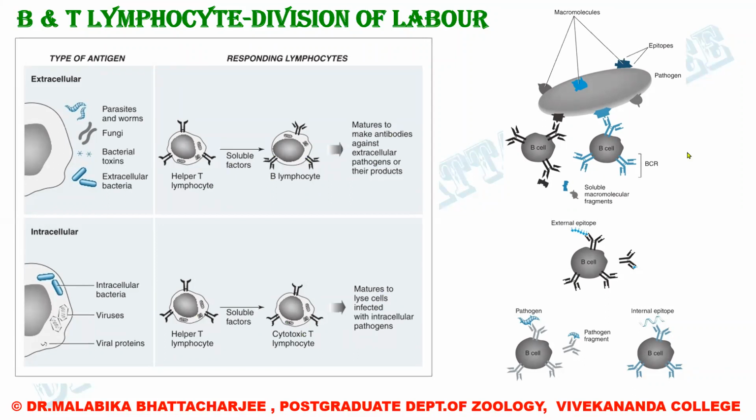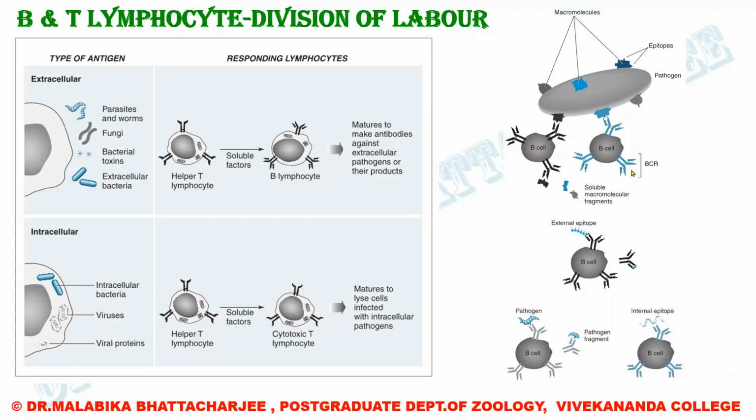Now this picture is showing the antigenic epitopes. The surface of a pathogen can be studied with many antigenic macromolecules composed of small regions of antigenicity called epitopes. Epitopes may be particular to a macromolecule or may be shared by other macromolecules on the pathogen surface.